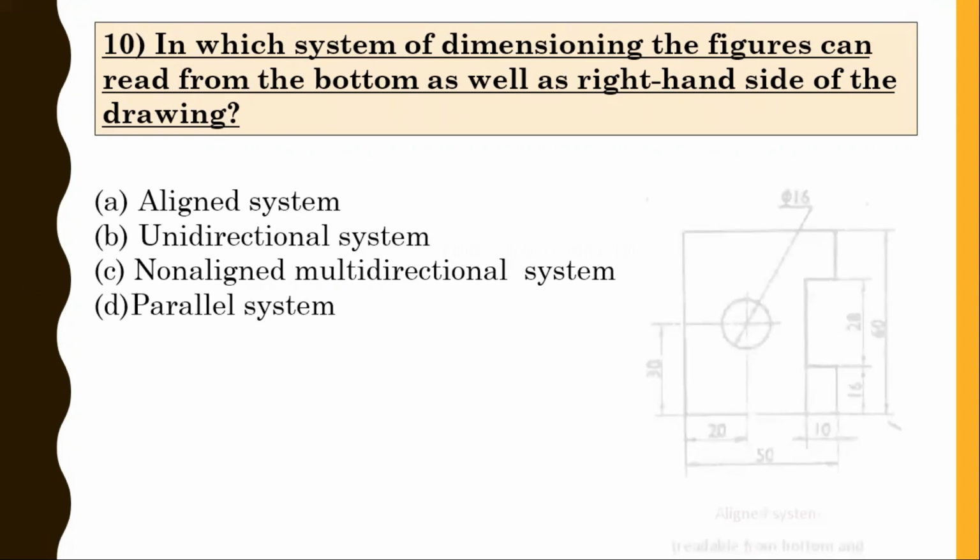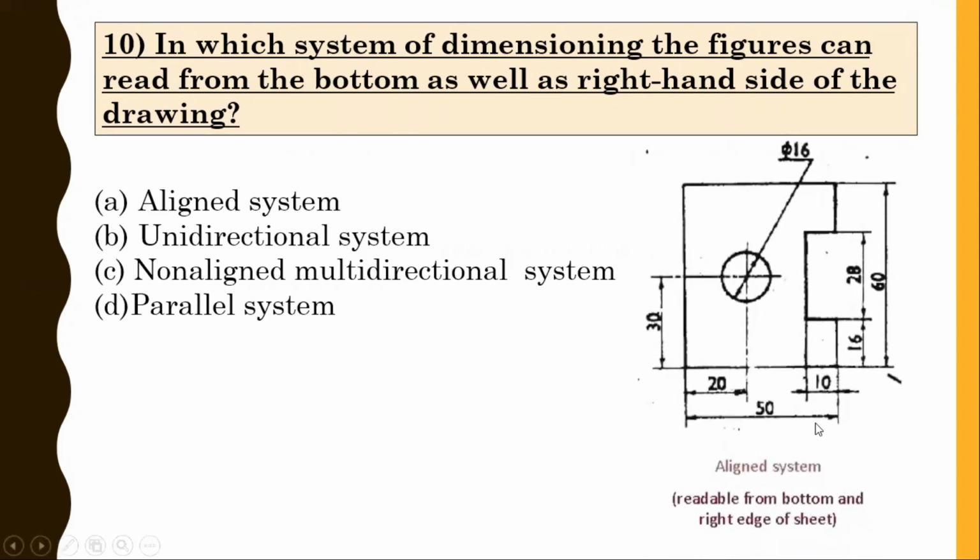So let's see. Here the aligned system is shown. Here you can see the dimensions are put so that they can be read from the bottom and also the right hand side. So from the bottom as well as the right hand side we can read in the aligned system. So option A is correct.